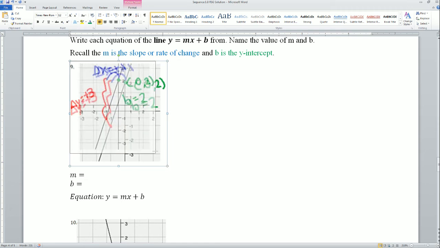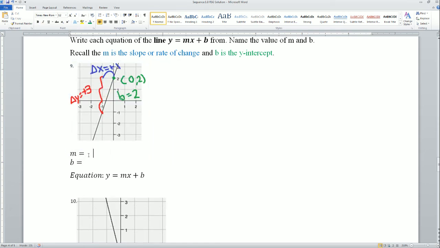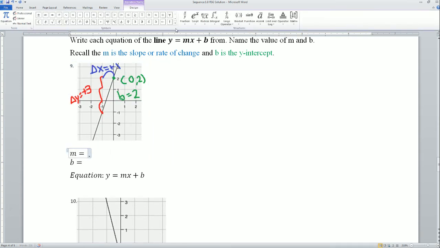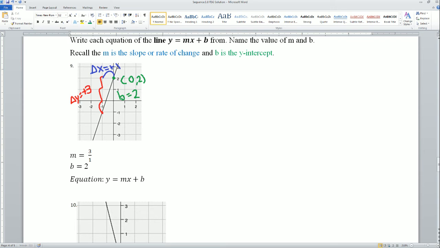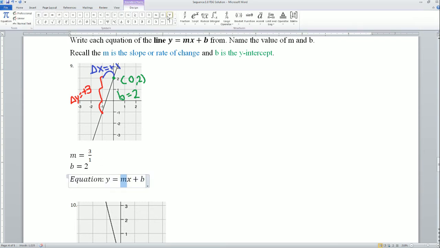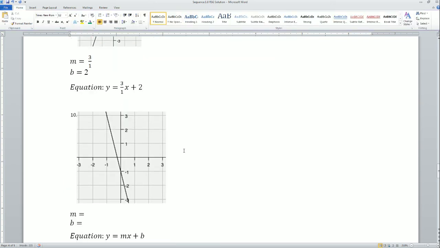You would say that slope here would be equal to 3 over 1. The y-intercept here would be equal to 2. Plug that into the equation. There you go. Next one.